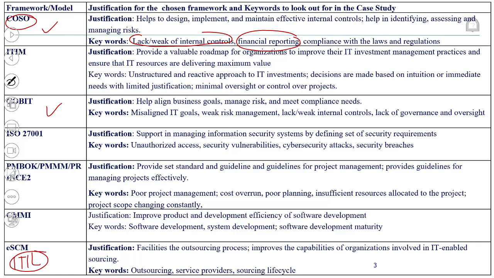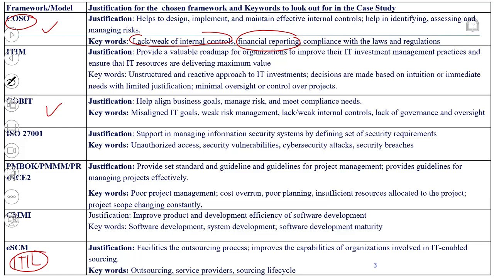And if you're asked to justify your choice, most often it is that it helps in designing, implementing, and maintaining effective internal controls. COSO has what we call the processes that can help you to implement your internal controls. I'm not going to go through those processes because we don't have that much time, but that is one way you could look at that.